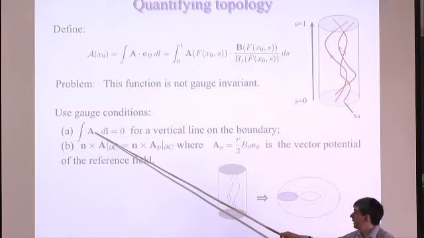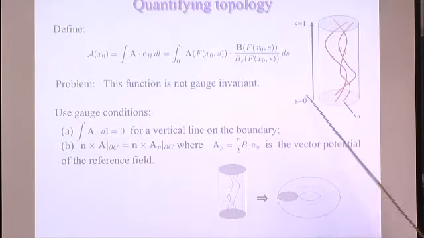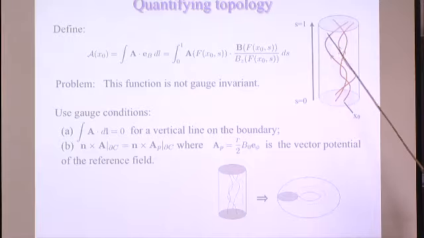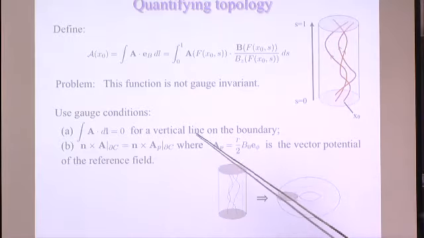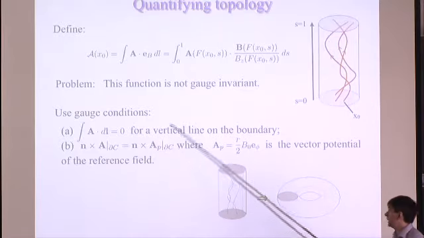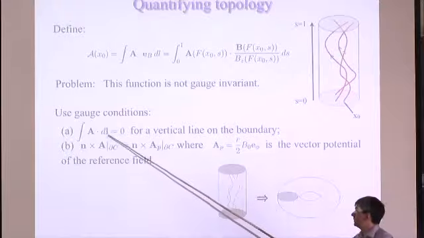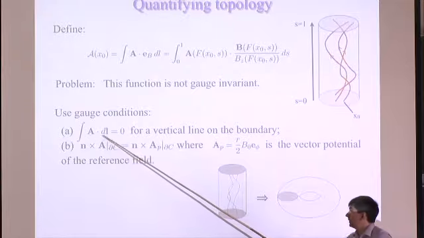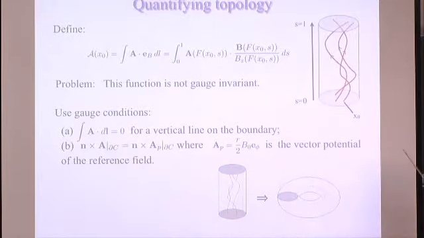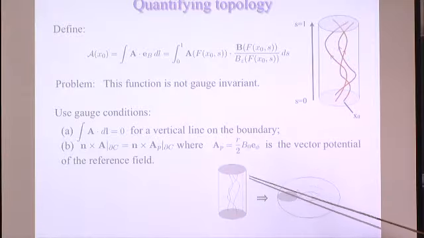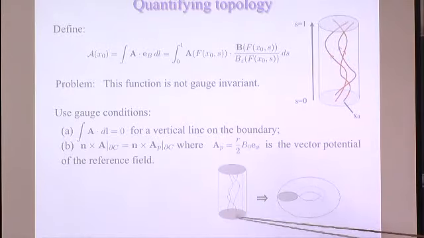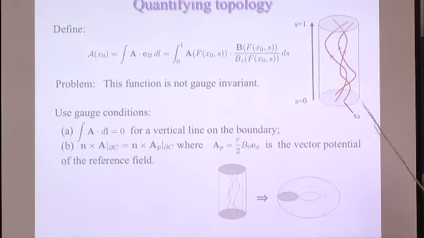I do this by imposing the first condition: along a line on the boundary, here a vertical line, which doesn't need to be a field line, the integral of A along this line should be 0. Where does that come from? With our periodic boundary conditions, we can always turn the cylinder into a torus.